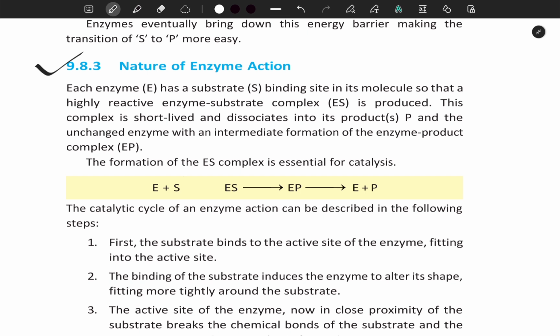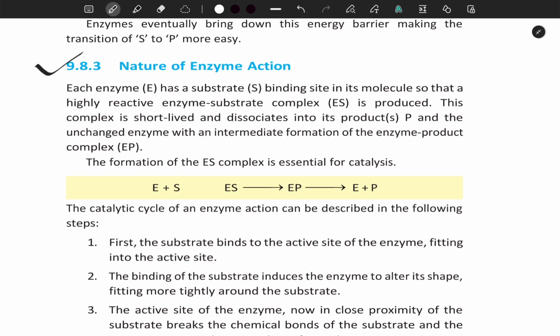This complex is short-lived and dissociates into its products P and the unchanged enzyme with an intermediate formation of the enzyme-product complex EP. The formation of the ES complex is essential for catalysis. E plus S gives ES, gives EP, and then E plus P.